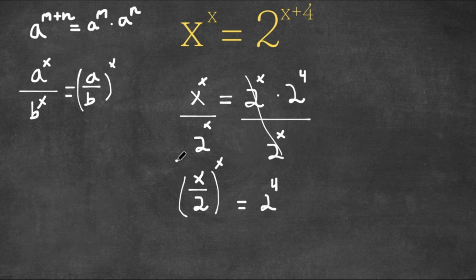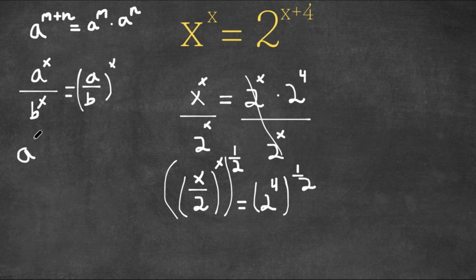Now I'm going to take the power of 1/2 on both sides. If we have a to the power of m to the power of n, this is also equal to a to the power of m times n.